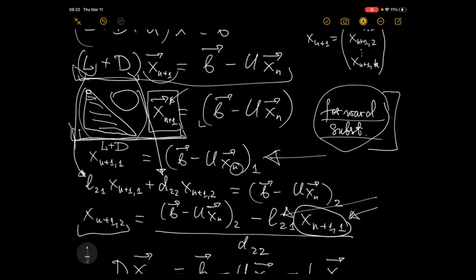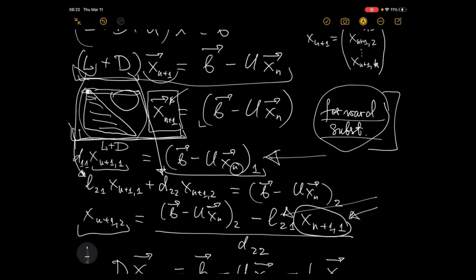Yeah, that's clear so far. And now you see, if I multiply the first row, it contains just one diagonal element. So it will be d11 x_{n+1,1} multiplied on that. Is it clear or not?